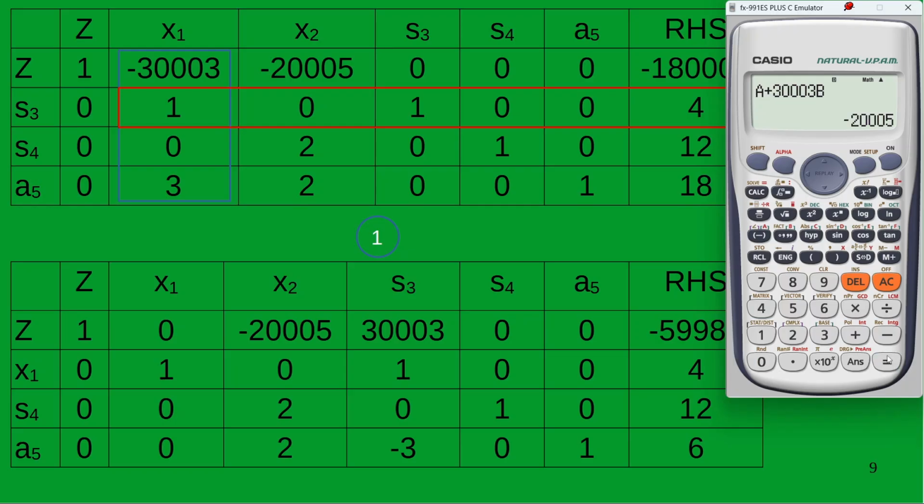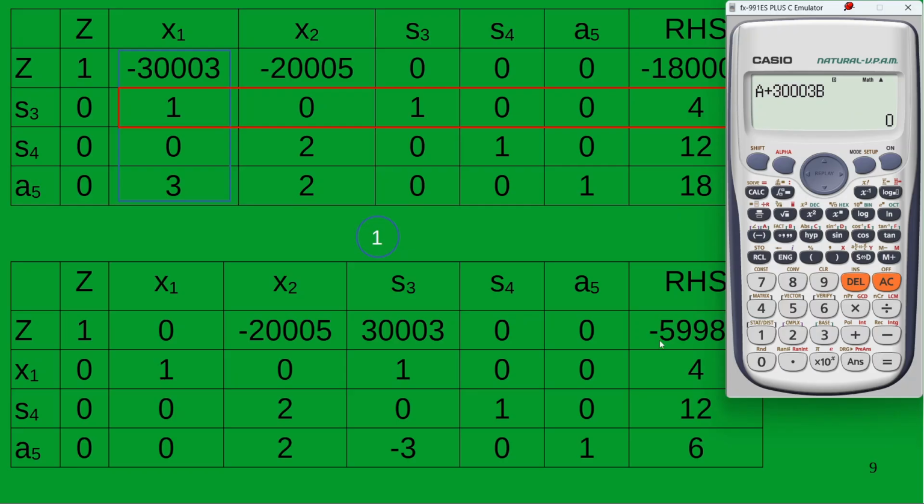So it's 20,005, and I have written it down here. Now for the third calculation, see how quickly it gets done, 0 and 1. That makes it 30,003. And for the fourth one, it is 0 and 0. There we are.